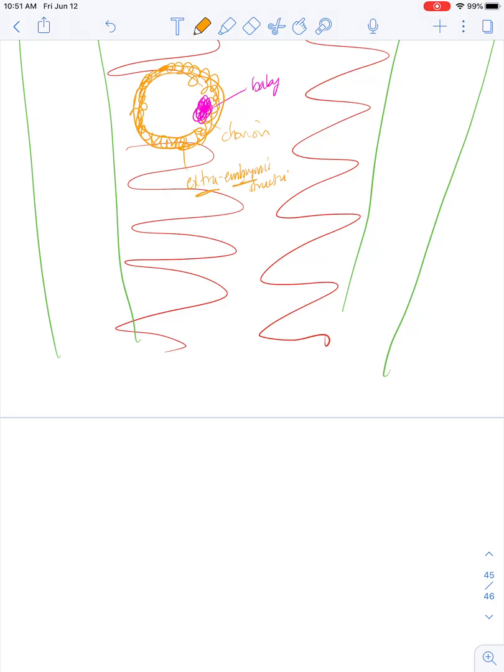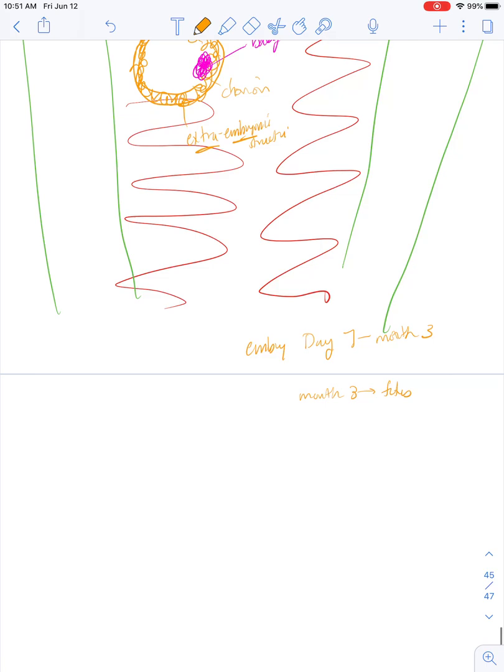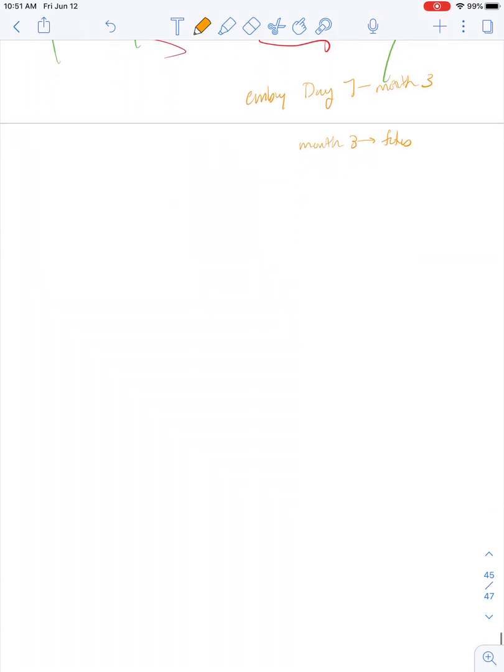We call the baby an embryo basically from after it implants. So implantation takes about day 7 to month 3, I call it an embryo, and then from month 3 onwards, I call it a fetus. Anyways, so there's the baby and the supportive structures that surround the baby. We're going to talk about the supportive structures first.